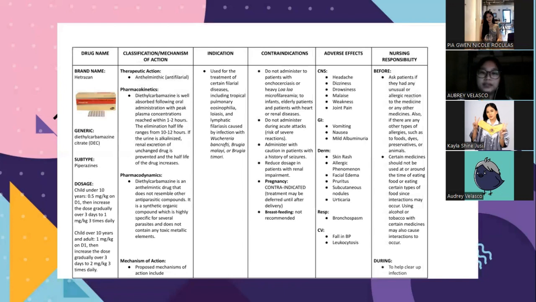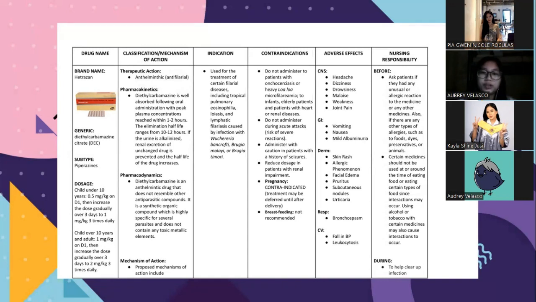For the classification, mechanism of action, the therapeutic action is antifilarial. This means it destroys filarial worms and inhibits their growth in some patients. For pharmacokinetics, diethylcarbamazine is well absorbed following oral administration, with peak plasma concentrations reached within 1 to 2 hours.